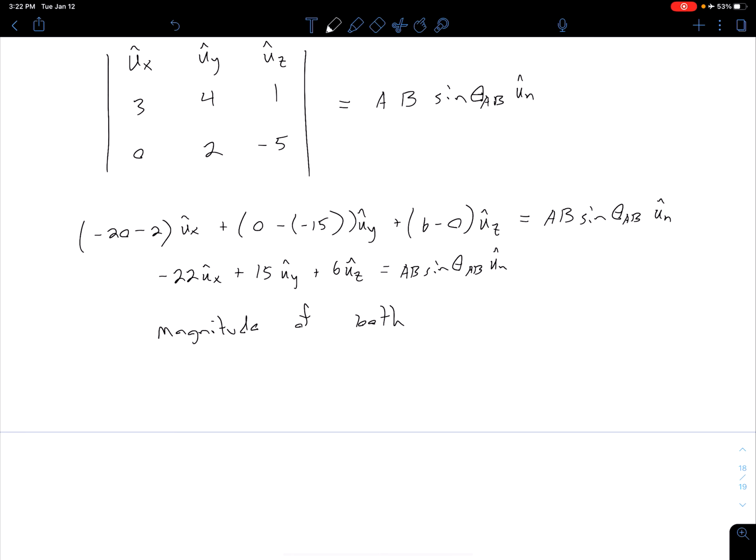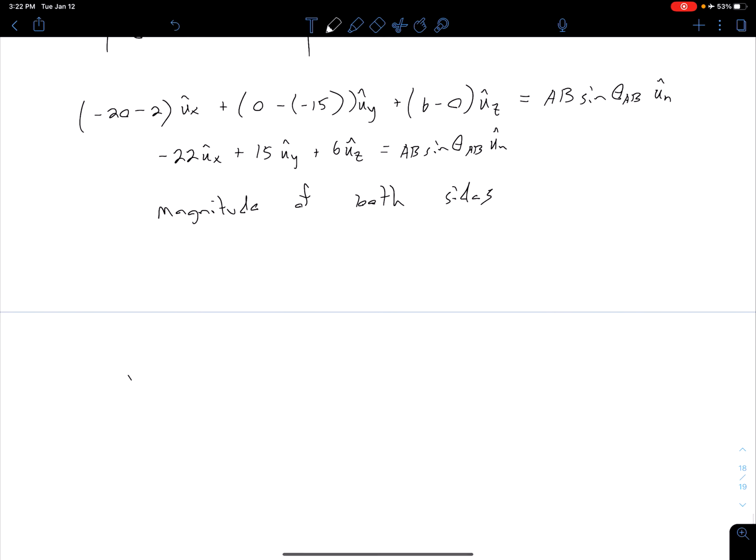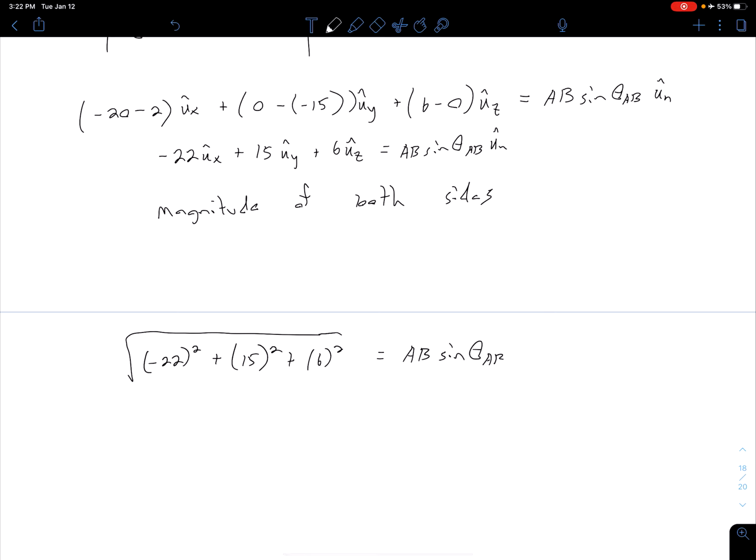On the left side we'll have the square root of negative 22 squared plus 15 squared plus 6 squared is equal to AB sine of theta AB. On the right, we just get rid of that unit vector u sub n.